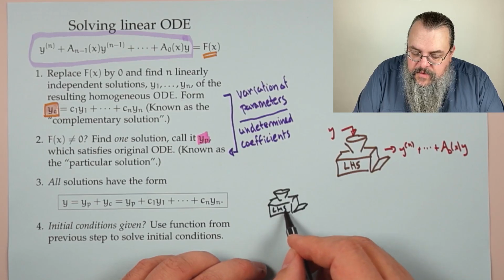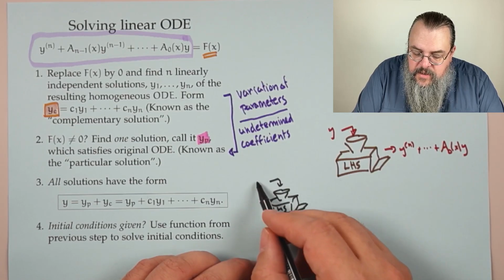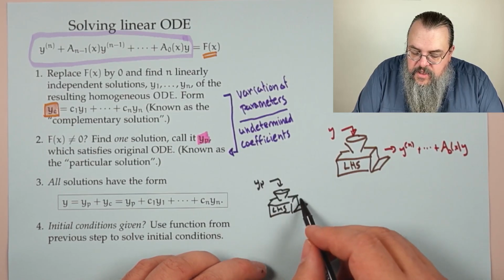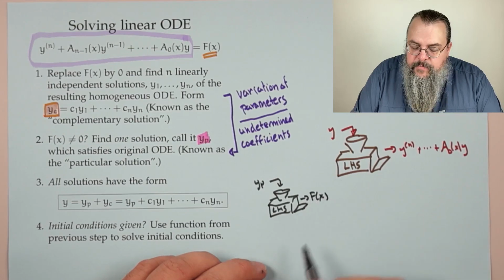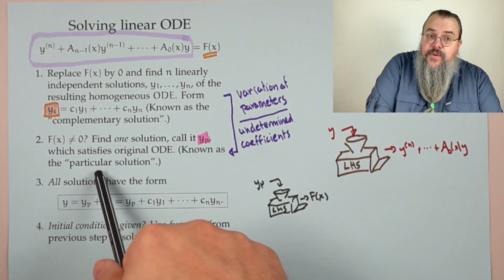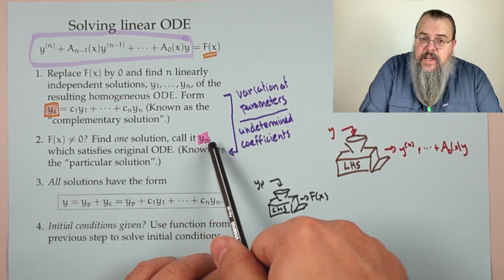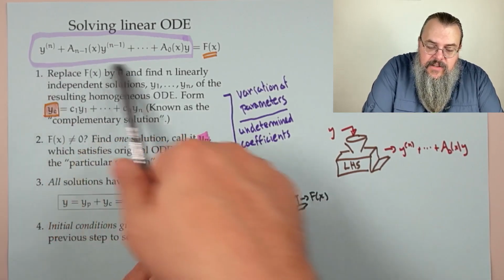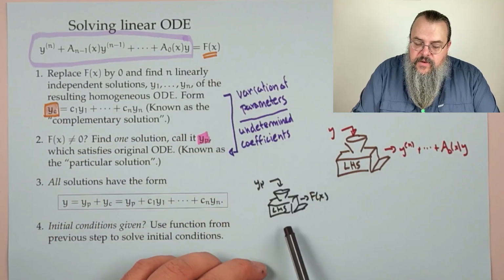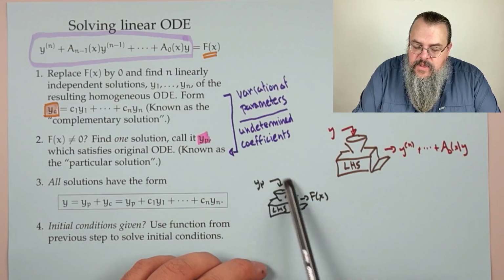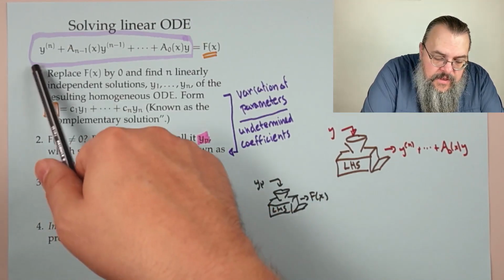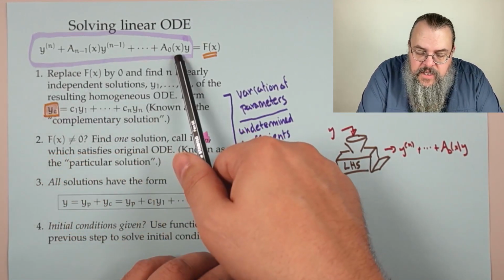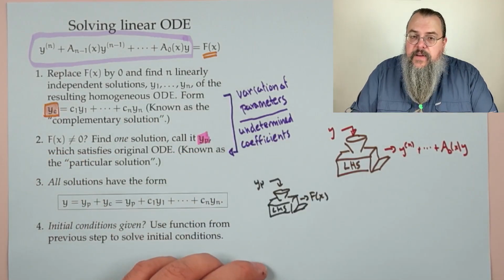These are all left-hand side. If you plug in your particular solution, out pops f of x, because that's what step 2 does. It says find a solution which satisfies this relationship. You found a function for y such that when you plug it into this machinery, you get f of x.